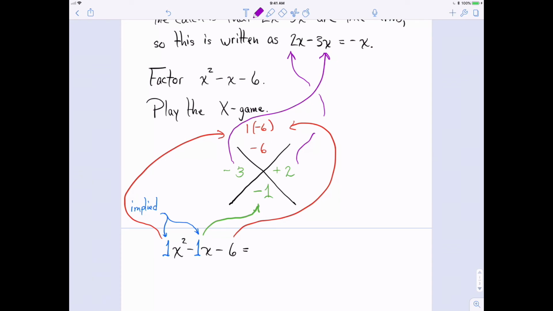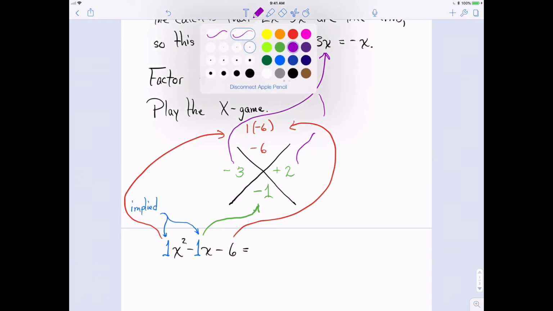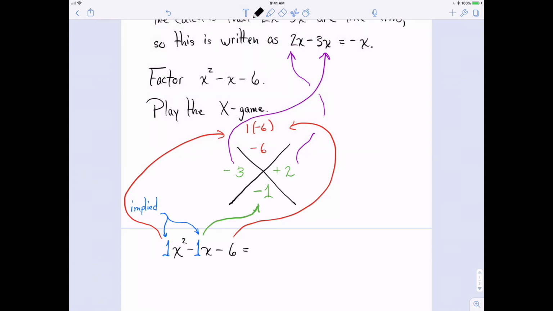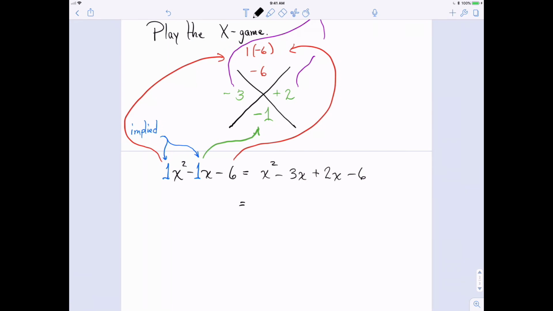And now we're back to the original problem. So now let's finish that. We would rewrite this as x squared minus 3x plus 2x minus 6. And notice here that we have 4 terms, so we can factor by grouping.